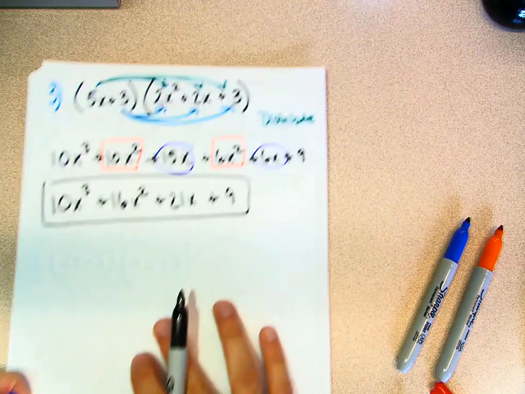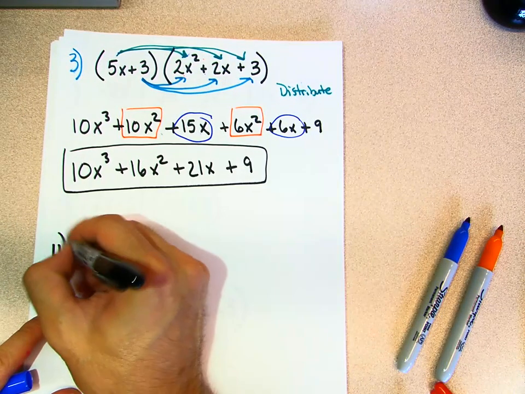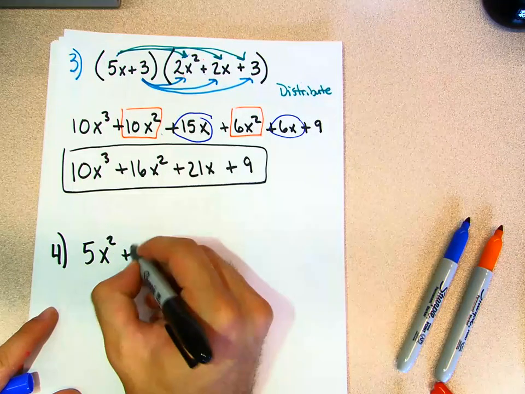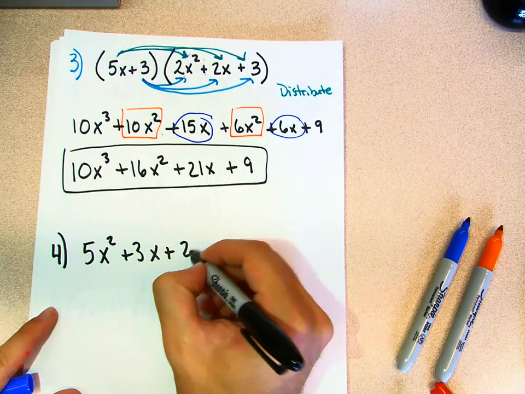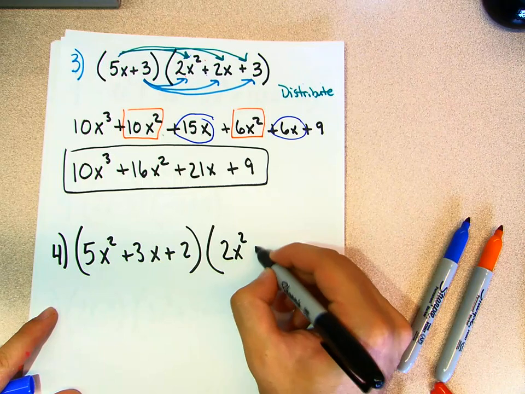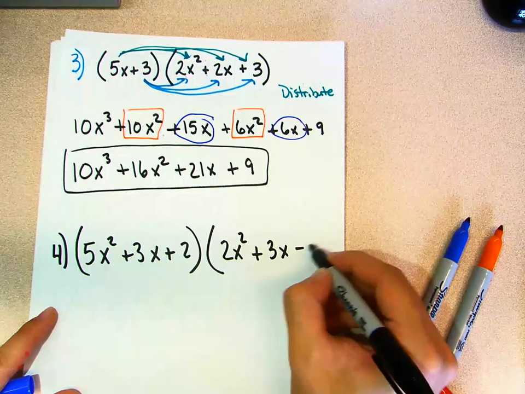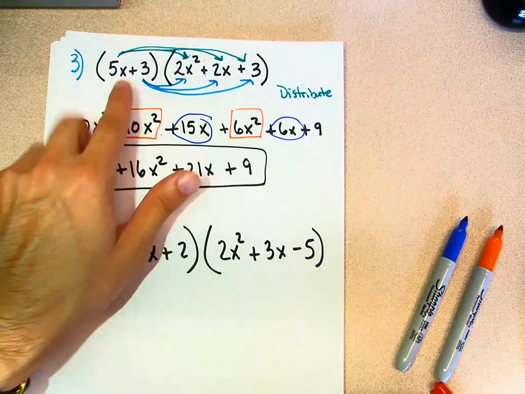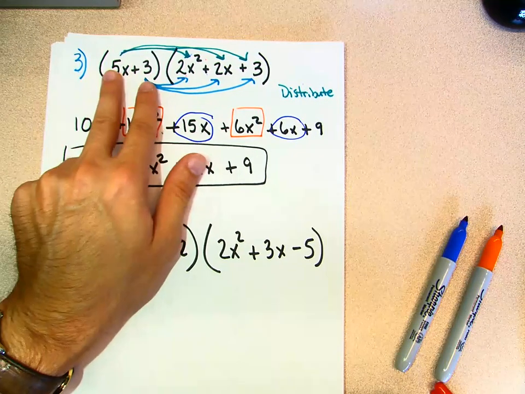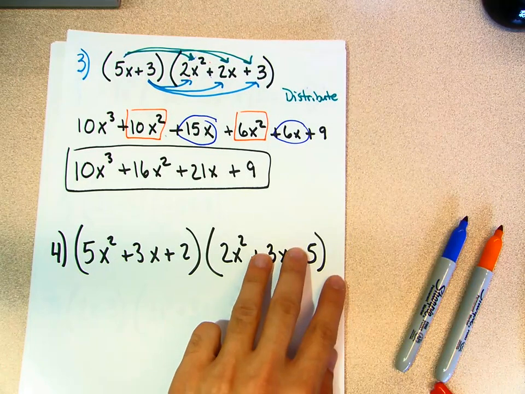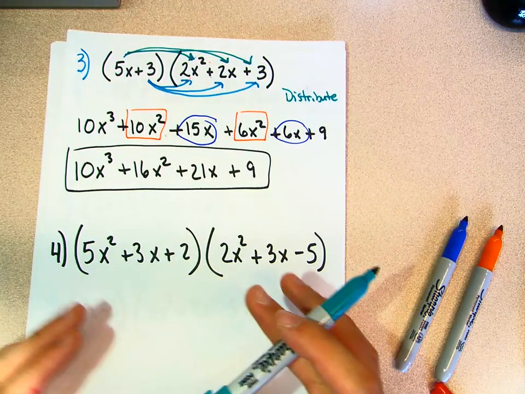If you want, as a challenge, try and do question 4. You see how I have 5x plus 3? How about this? 5x squared plus 3x plus 2 times 2x squared plus 3x minus 5. My hint is, this is 2 terms and this is 3 terms, but this is going to be 3 terms times 3 terms. It'll be the same rhythm.